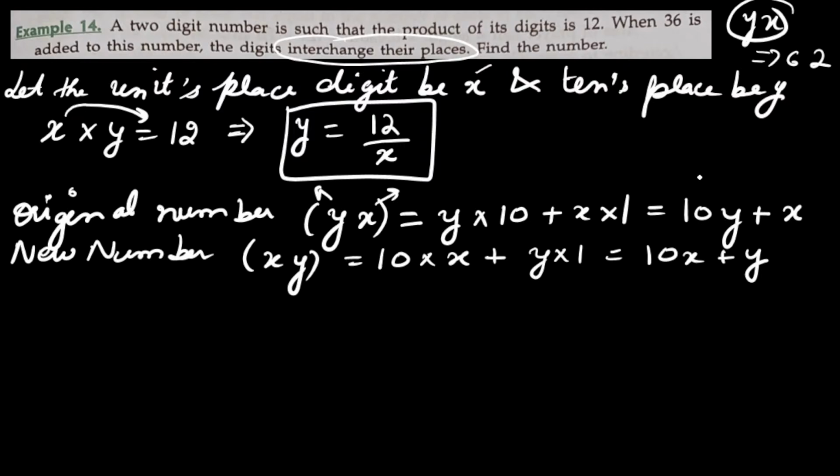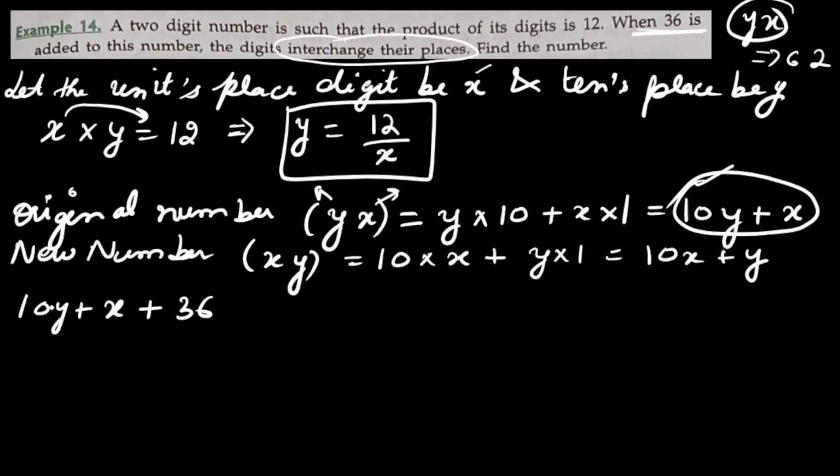Now the original number I have written is 10y plus x, and this new number is 10x plus y. So now we will make use of this. When 36 is added to this number, the number was 10y plus x. When 36 is added to it, a new number is formed, which is the number formed by interchanging the place values.